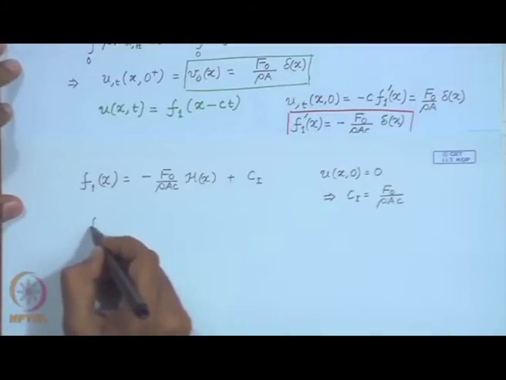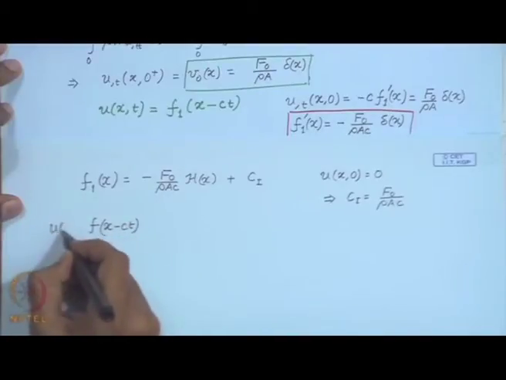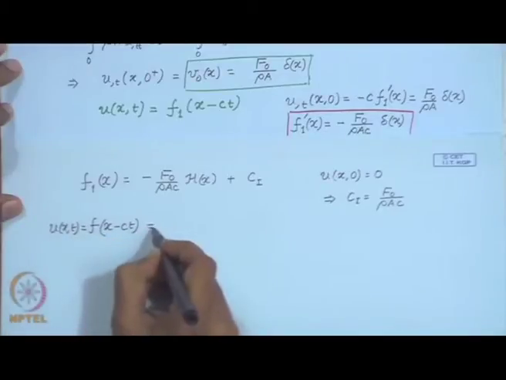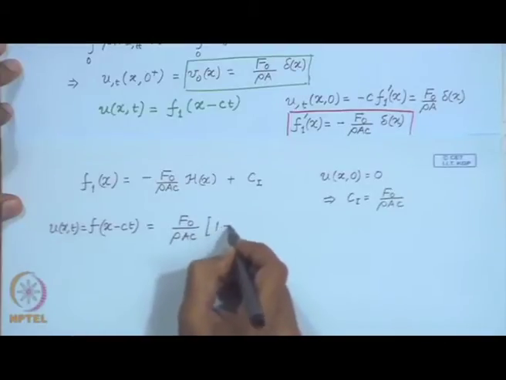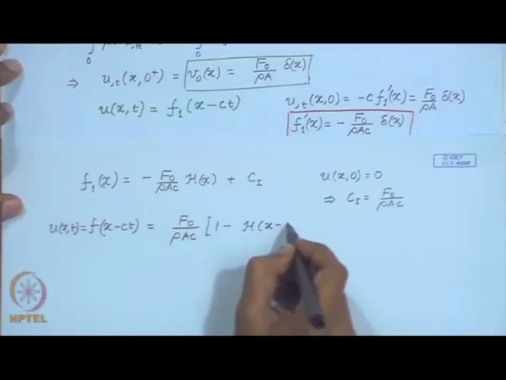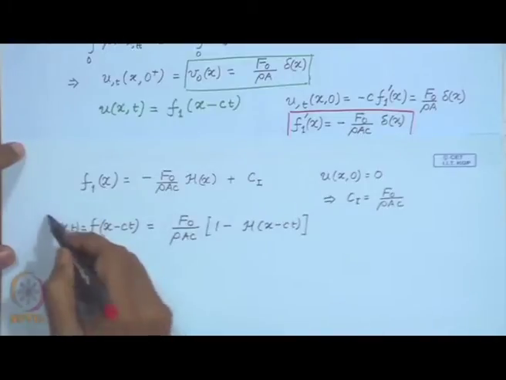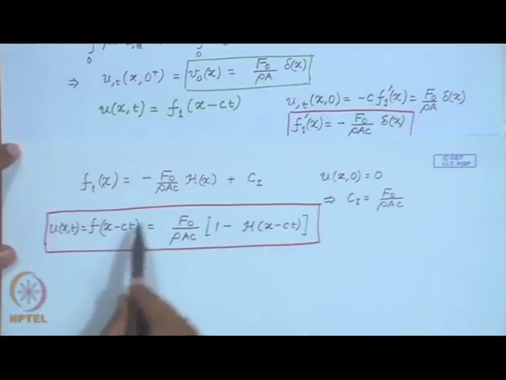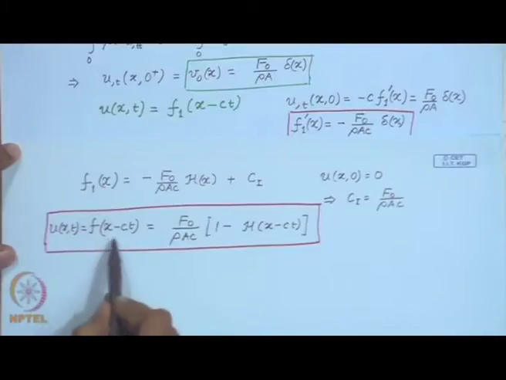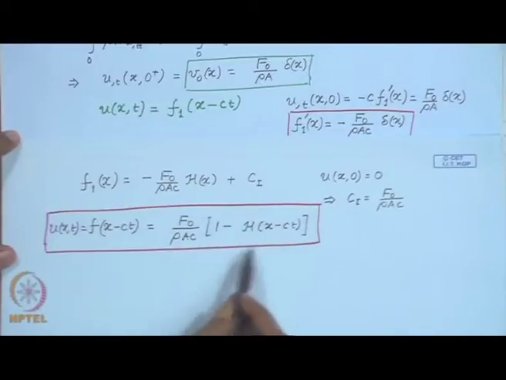So f of x minus c t, which is u(x,t), becomes the following, where we have replaced x by x minus c t, and by substituting this and finally replacing x by x minus c t, I obtain this wave field.